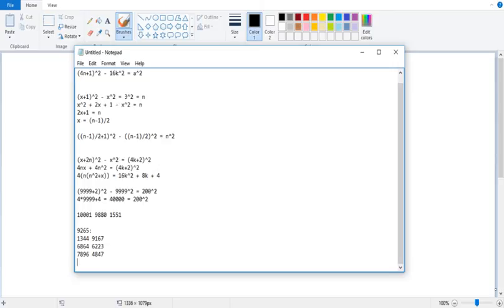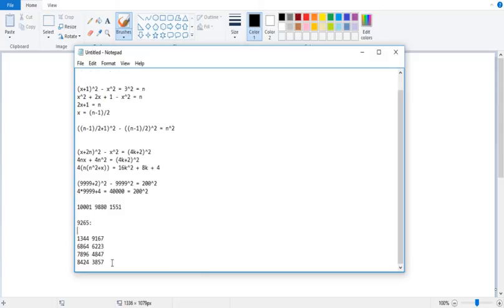And then finally 8424387. Alright, those are 4 different possibilities of numbers you can square and add up and get 9,265 squared. 4 of them for one number.